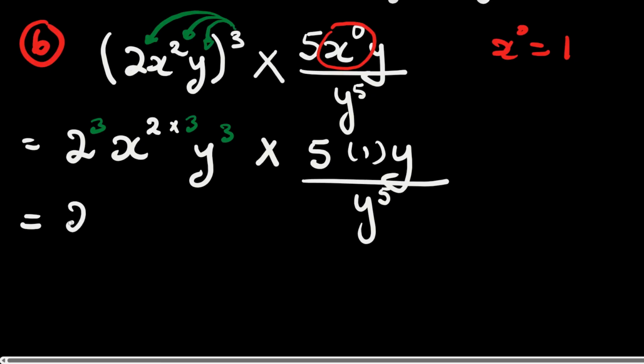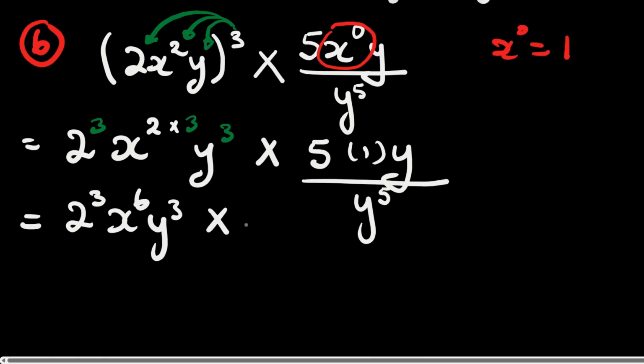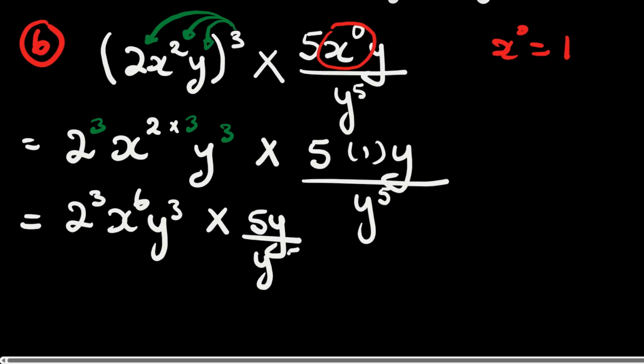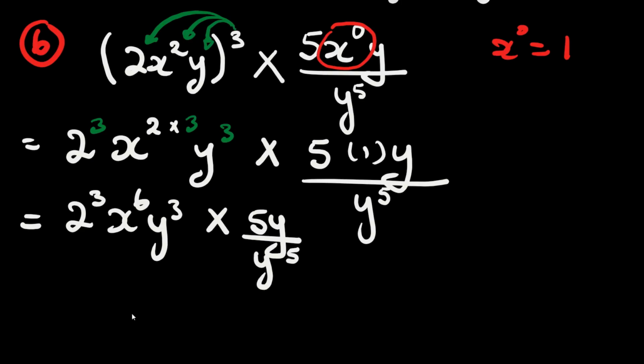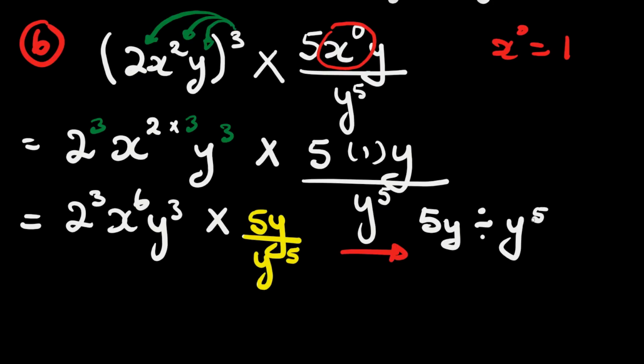Now, it's 2 to the power 3, x to the power 2 times 3 is 6, y to the power 3 times 5y over y to the power 5. But we're not done. So from here, we know that this part we can rewrite as 5y divided by y to the power 5.